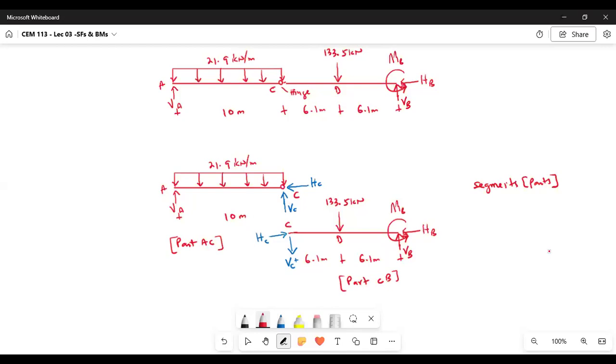All right, so this is what is expected of you. Right now you take each of the parts and analyze it as if it's a separate beam you have ever seen.